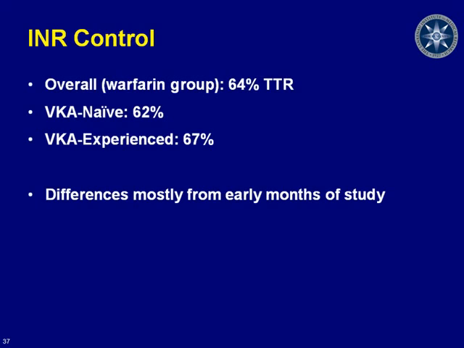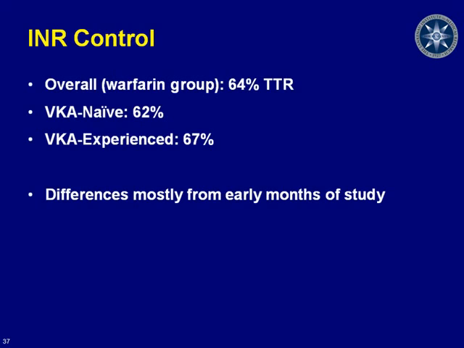This is lower than seen in the other trial and is thought to be a limitation of the ROCKET trial, that the time in therapeutic range is lower than seen with the other completed trials. However, the patient population in ROCKET is different to all the other published trials, and that may partially explain this low time in therapeutic range.